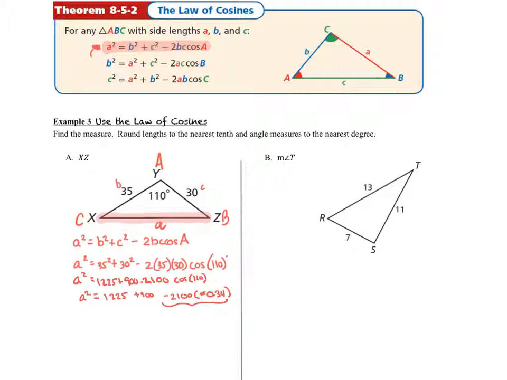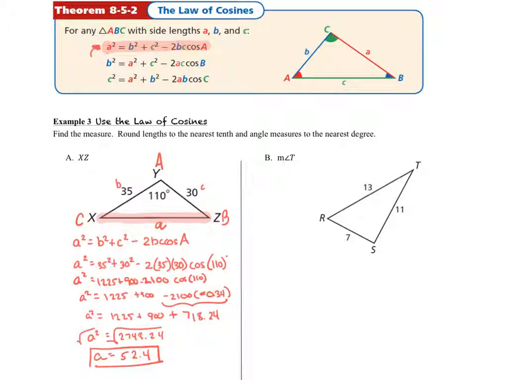Now this is multiplication, and it's going to change to a plus sign there. So A squared equals 1225 plus 900, and a negative times a negative is a positive 718.24. Then I added those up and got A squared equals 2,743.24. I took the square root of both sides to cancel the A squared, and I get A equals 52.4.